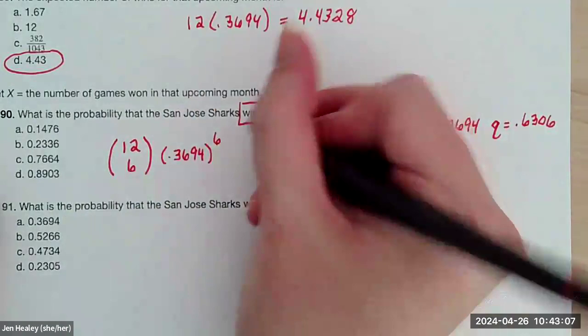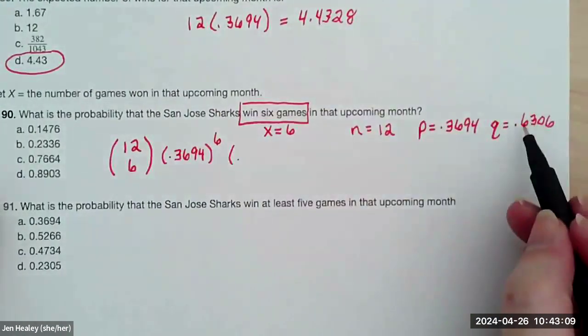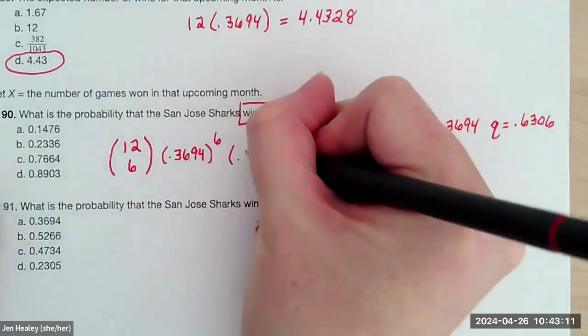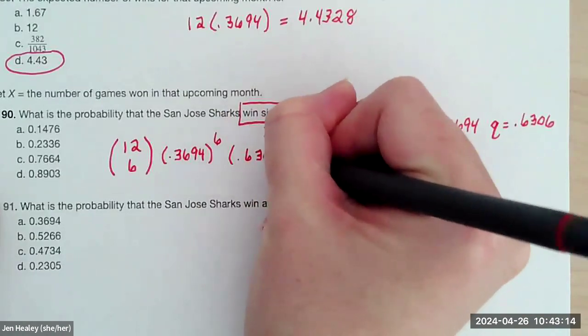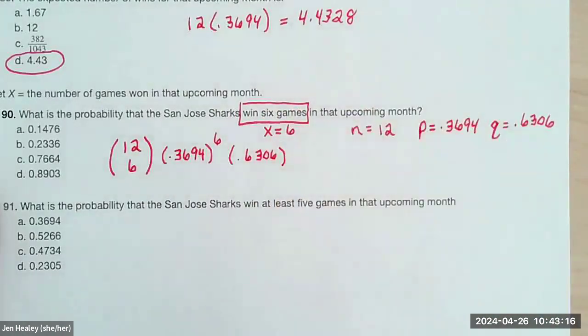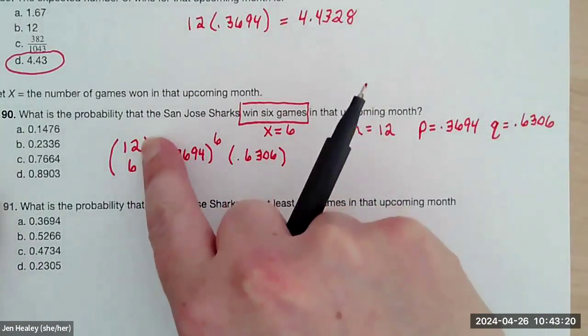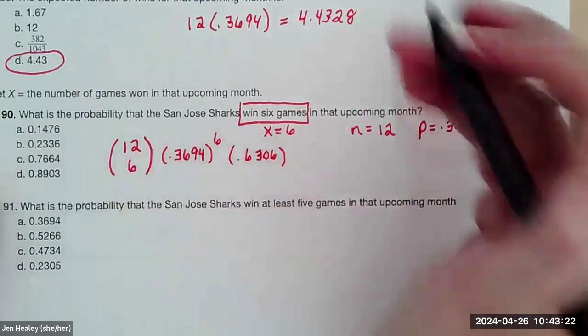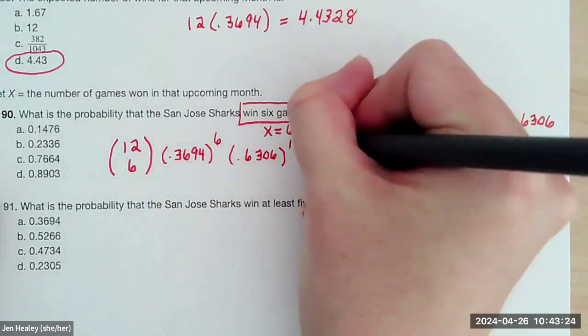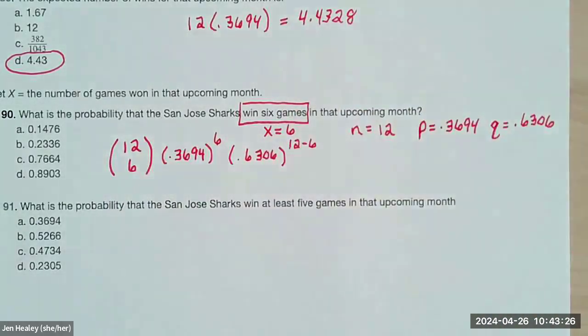Okay, and then we're gonna multiply by the probability of a loss, 0.6306. And what do I raise that to the power of? So it's actually 12 minus 6, which is just 6. So that's the calculation we've got to do.